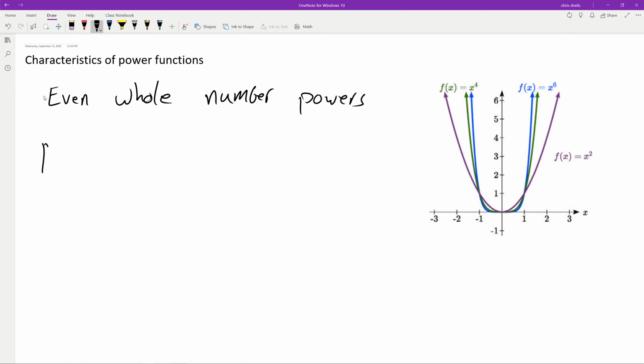Let's see, as power increases, the graphs flatten near the origin.